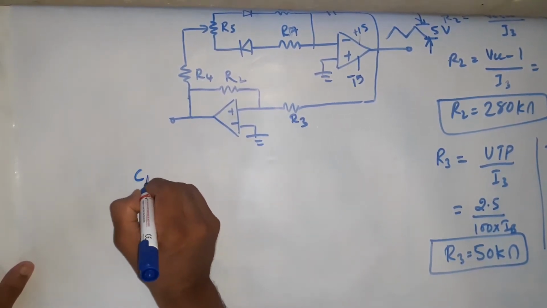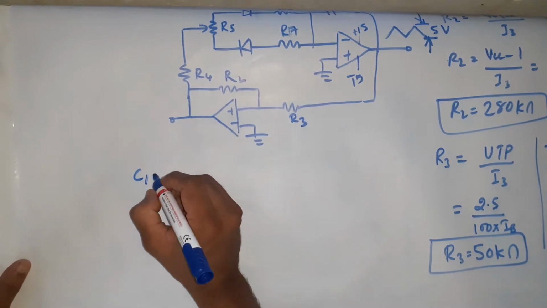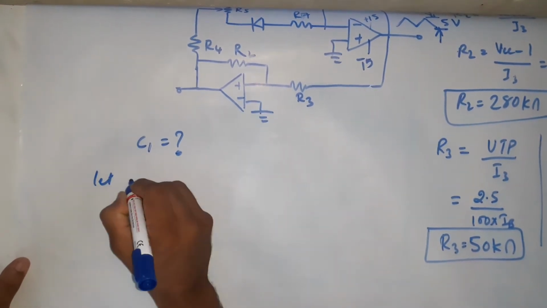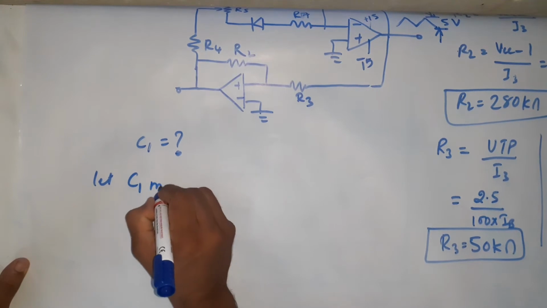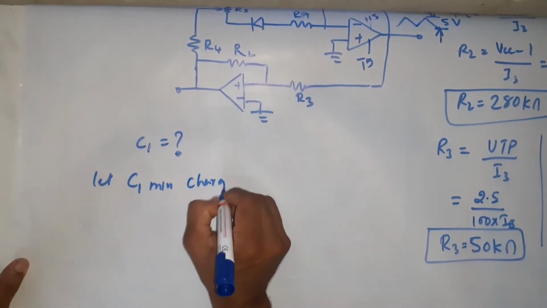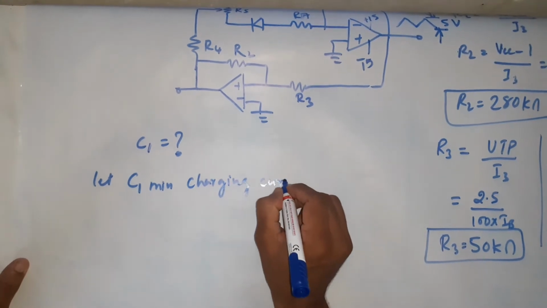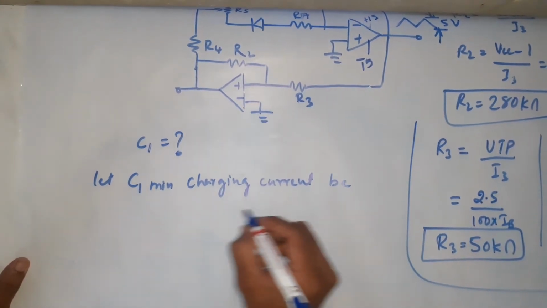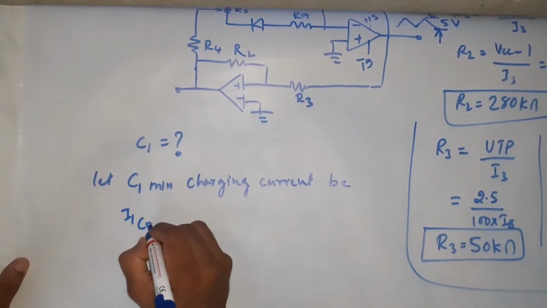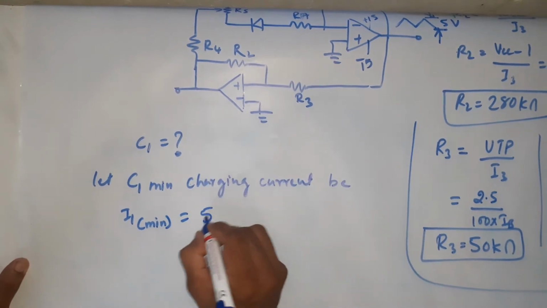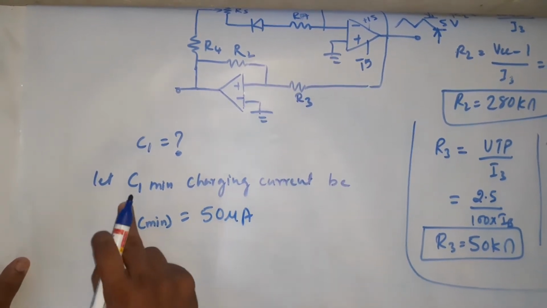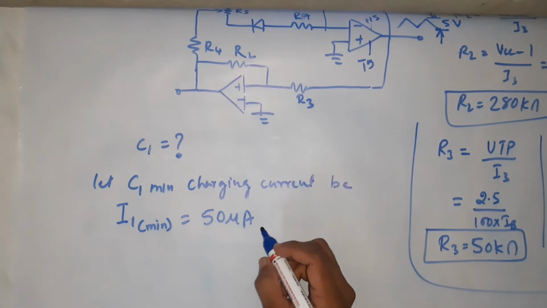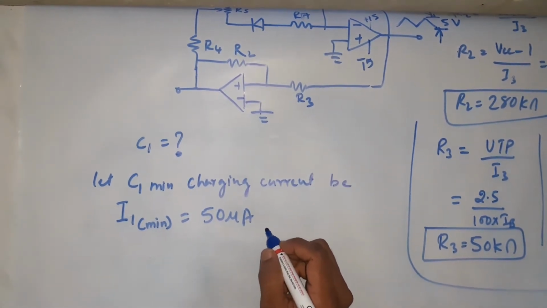To calculate capacitance C1, let C1 minimum charging current be I1. I am calling it as I1 minimum. Why 50 micro? Because this is the minimum current what you can take for your op amp.